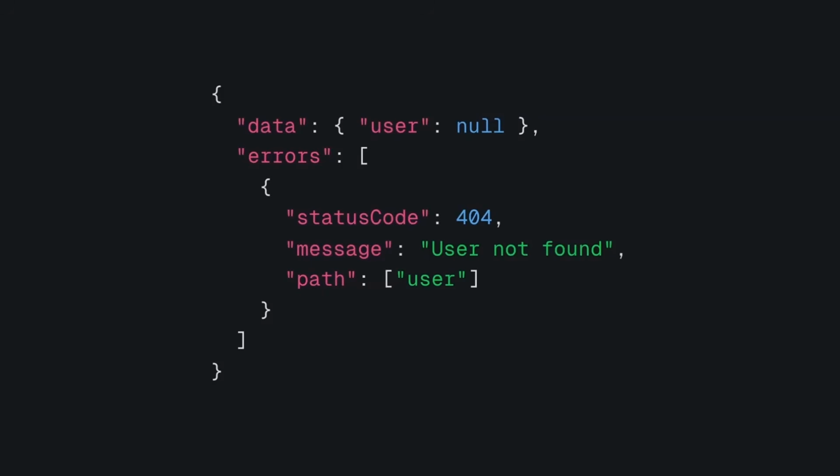So partial data can still be returned with errors, like in this case we have the user, which is null, and then we have the errors field, which indicates that you have the status code 404, message not found, and path, which is the user in your schema. As you can see in this case, you can specify the status code in the errors array. Since we are returning 200 status codes for all GraphQL requests, that's why we have the status code specifically mentioned in the errors so that we know what kind of error this is, which is user not found.